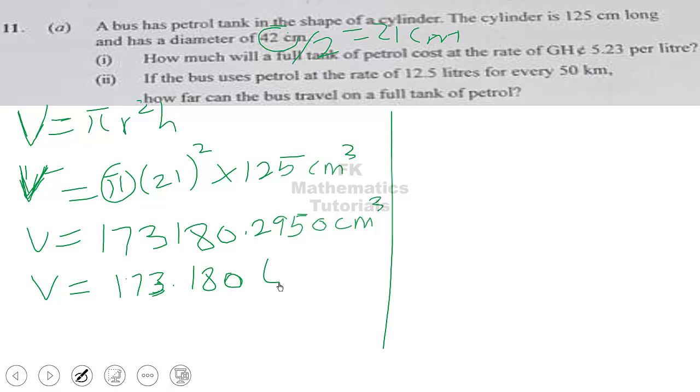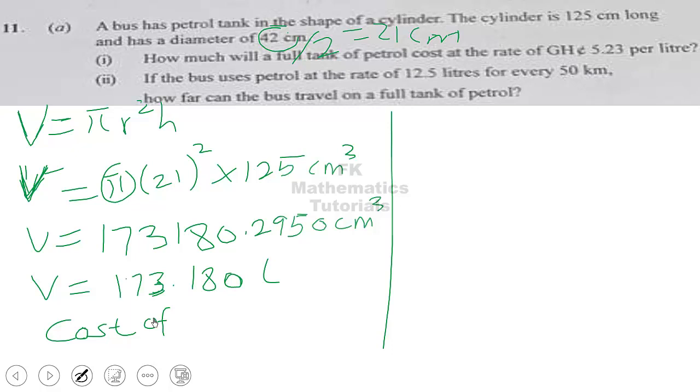Now, how much will a full tank of petrol cost at the rate of 5.23? So the cost of a full tank of petrol, 1 liter is 5.23 Ghana cedis.